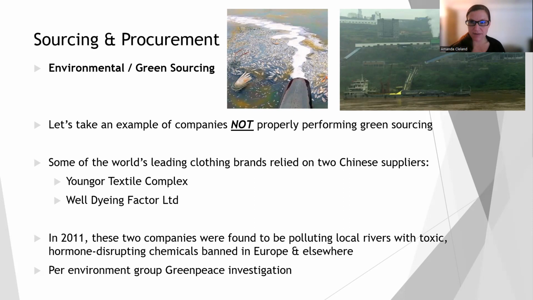And in 2011, about 12, 13, 14 years ago, these two companies were found to be polluting local rivers in China with hormone disrupting chemicals that had been banned in Europe and other parts of the world. This was found out through a Greenpeace investigation. And again, these two suppliers were used in a lot of different clothing that we wear here.